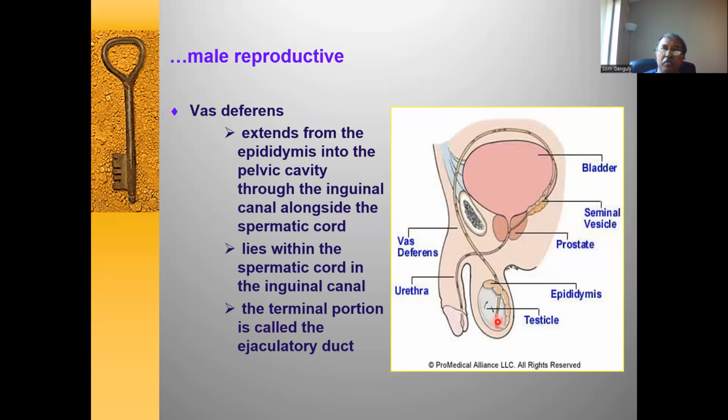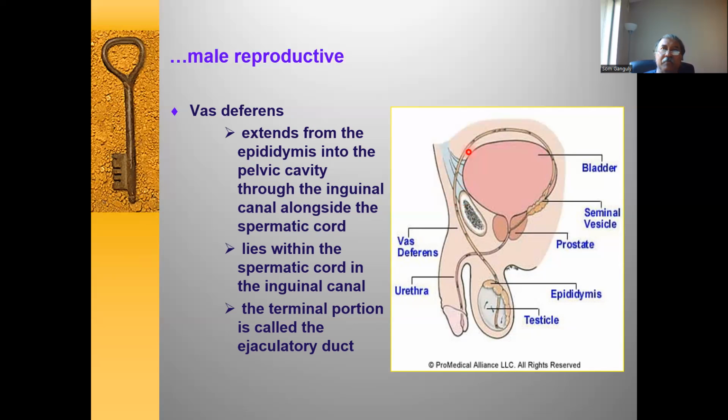This cord courses its own journey from the scrotum into the front side of the symphysis pubis bone, and goes underneath the inguinal ligament. Then it goes inside the body.